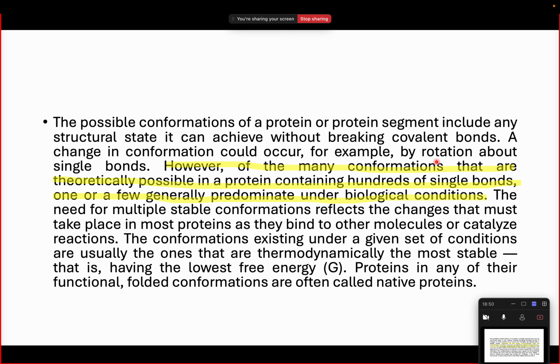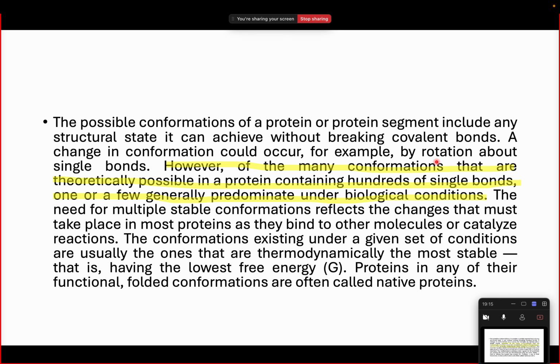Okay. The need for multiple stable conformations reflects the change that must take place in most proteins as they bind to other molecules or catalyze reactions. The conformations existing under a given set of conditions are usually the ones that are thermodynamically the most stable, that is, having the lowest free energy.